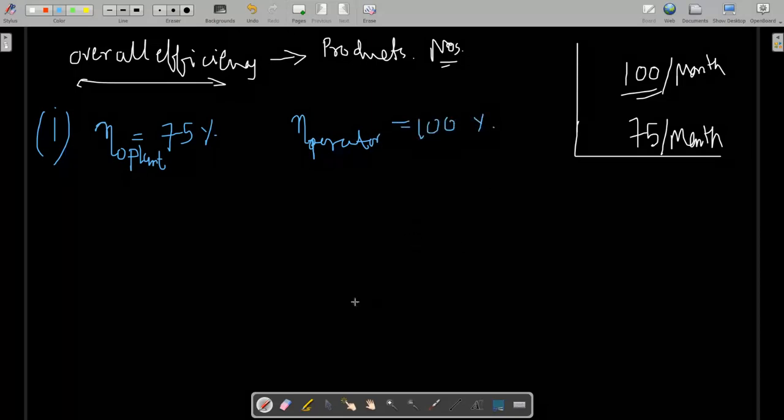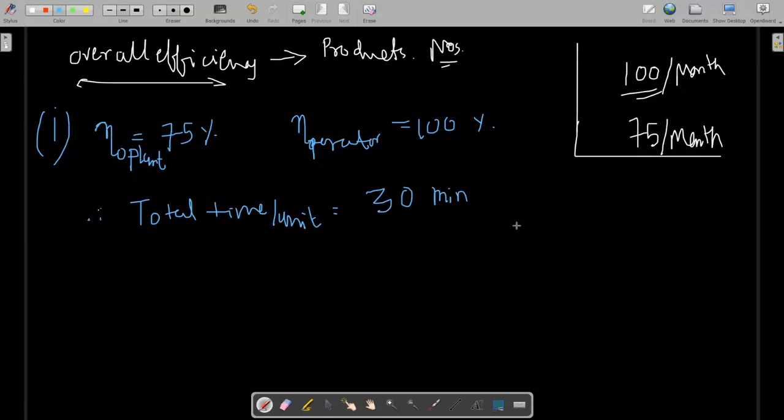That means the machining time is the same. So the total time for one unit is the regular time, 30 minutes. So we can say that in 30 minutes one unit is produced.